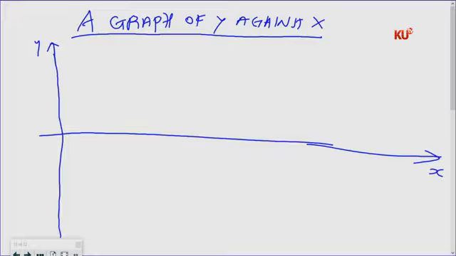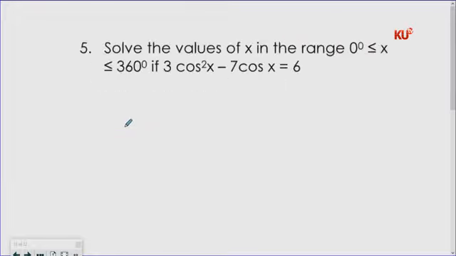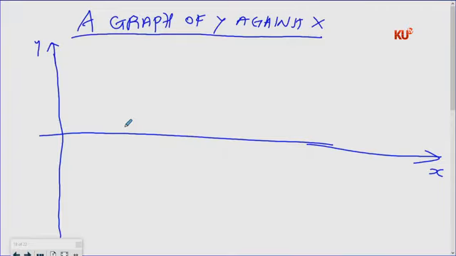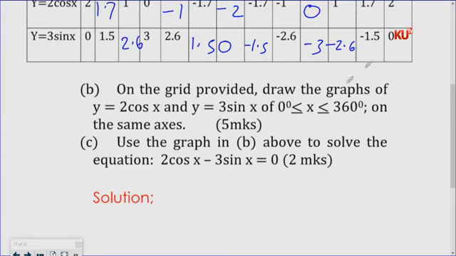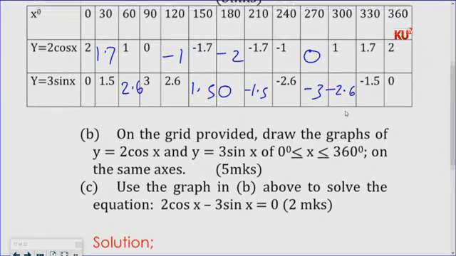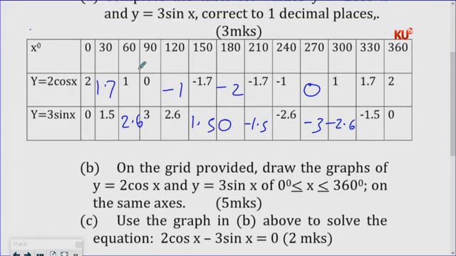On the y-axis... You remember on the x-axis we had the angles, from 0 degrees to 360 degrees. So the scale here, if the scale is not given, make sure you choose a very good scale that will occupy at least 3/4 of that particular space on the graph paper.